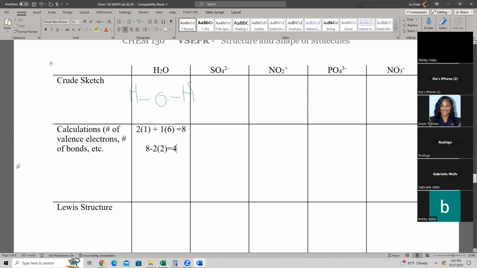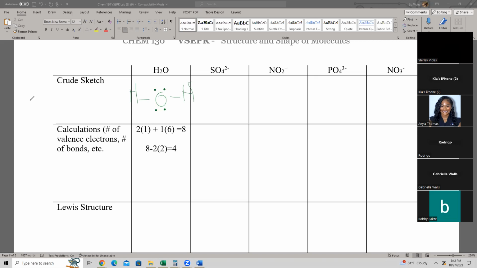The 4 electrons we're going to place around the outer atoms first, but the outer atoms happen to be hydrogen, so there are no lone pairs for hydrogen at all. So they only have 2 for oxygen, and that's it. That's the whole sketch.